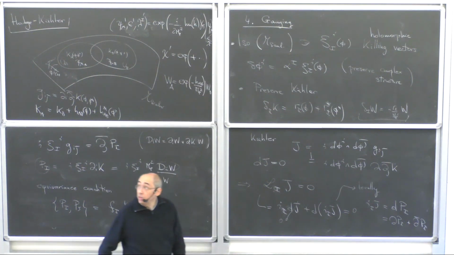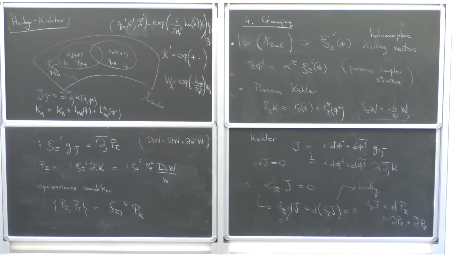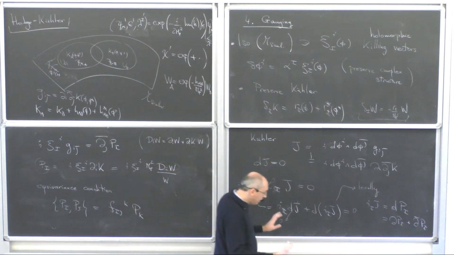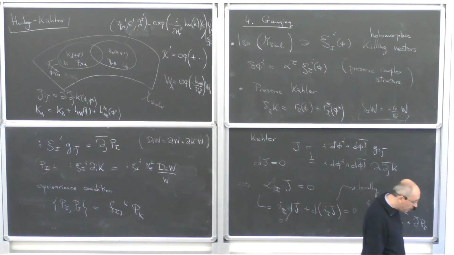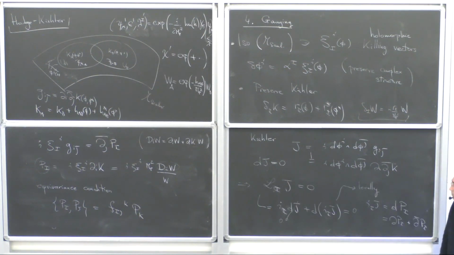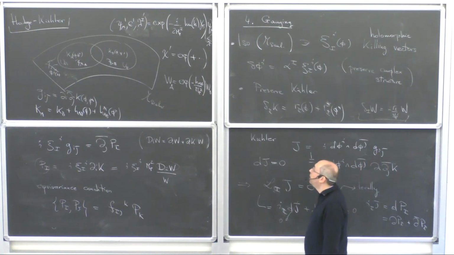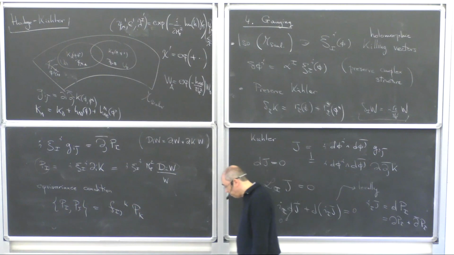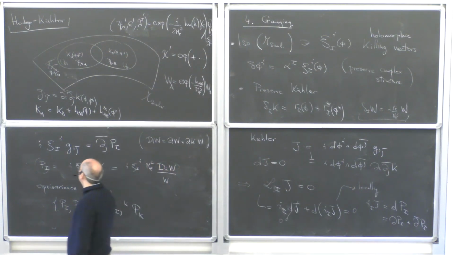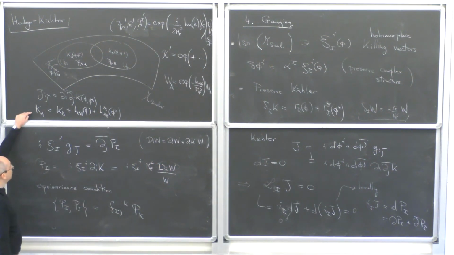Okay, since my time is up, what we saw today is what are the ingredients that are needed in supergravity that are different from global supersymmetry. You see that the Kähler potential now appears naked, as well as the superpotential appears naked.